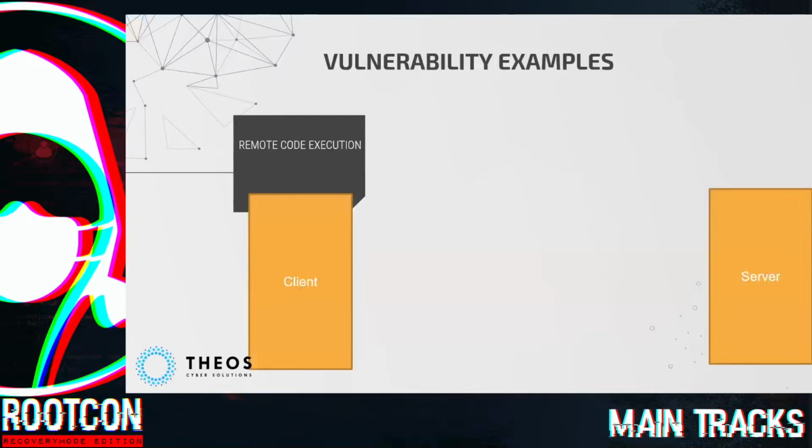So remote code execution works like this. We have a client and a server. The client sends a GET request to, for example, index.php?cmd=date. This is pretty outdated, but it is the simplest example of remote code execution that I can give.